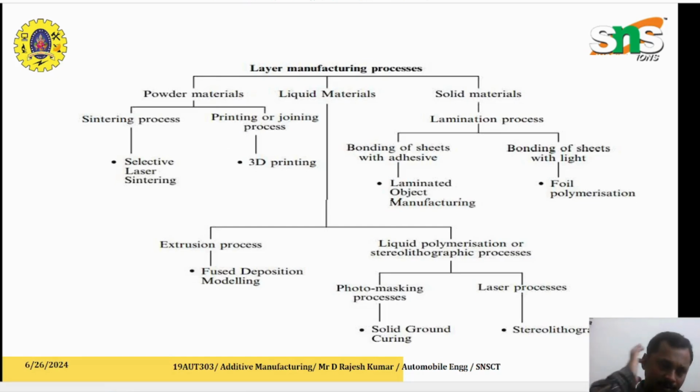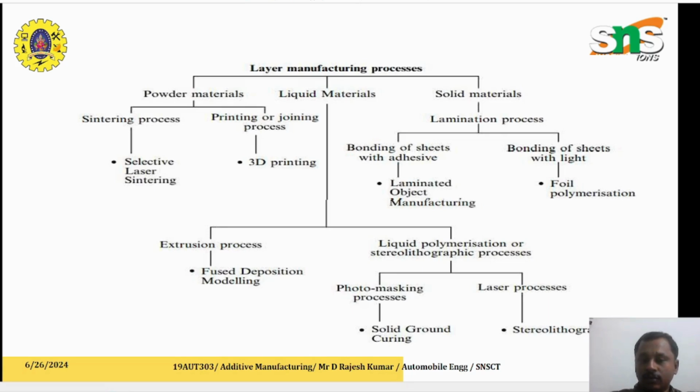So this is another chart which shows the different types of process, that is solid, liquid, and powder based processes, which I discussed previously. Sintering, a laser based process, uses powder materials, and liquid materials we can see in stereolithography.